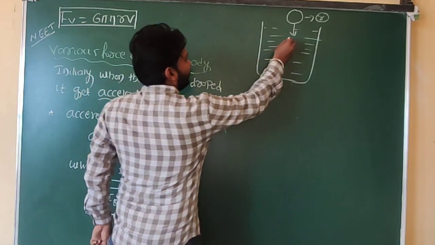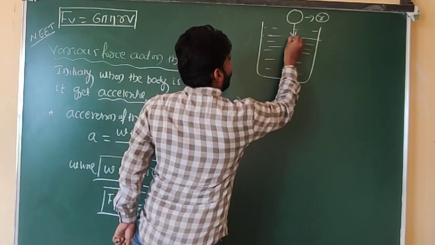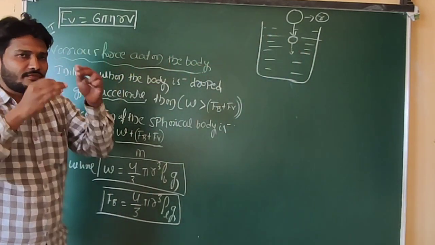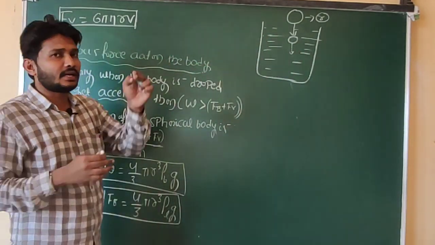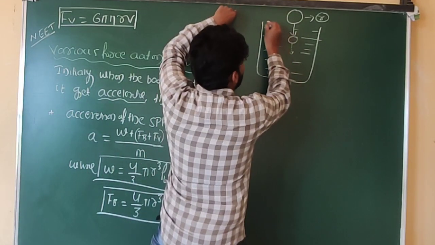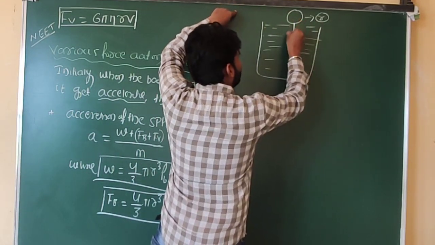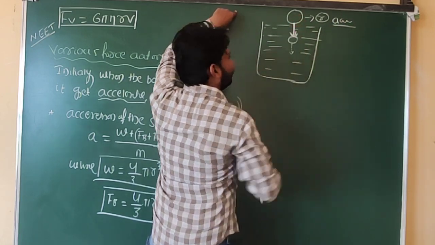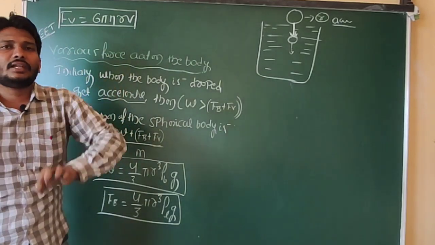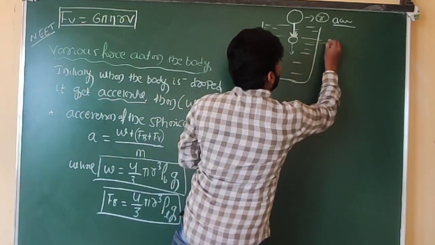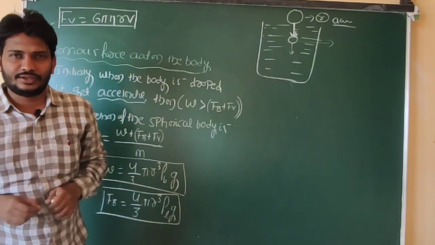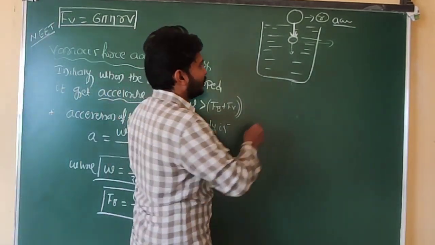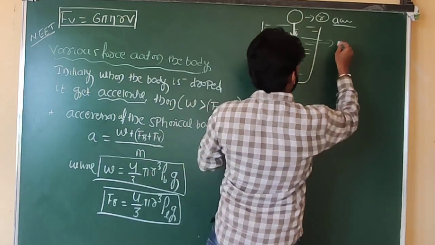When this spherical body moves into the liquid, initially it accelerates, from this point to this point. After traveling a certain distance, the spherical body attains terminal velocity. The term terminal velocity means the body attains a constant velocity after reaching a certain distance.